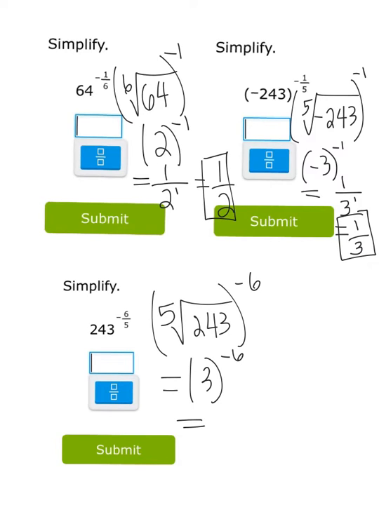So this would become a fraction. I could rewrite this as 1 over 3 to the positive 6. So this would be 1 over, and then I would evaluate 3 to the 6th power, which is 729, okay? And it would want me to leave my answer just like this in fractional format. Don't convert that to a decimal.